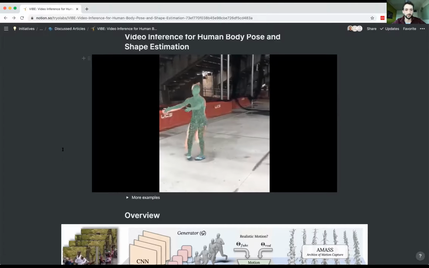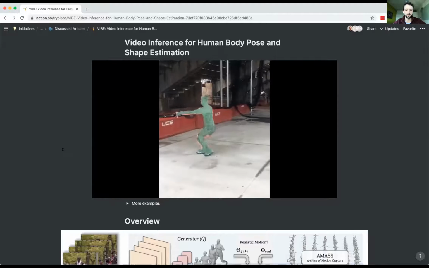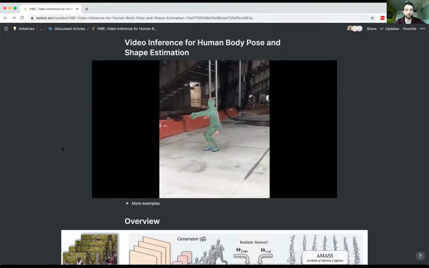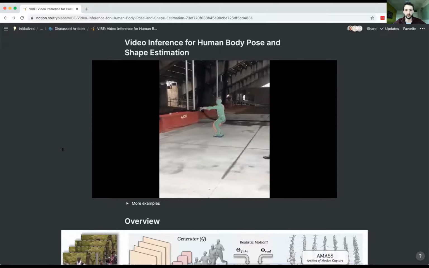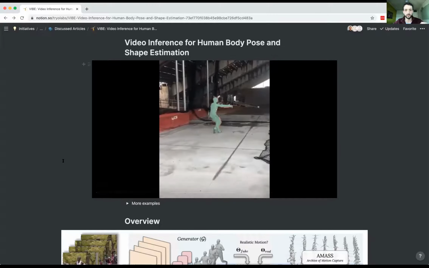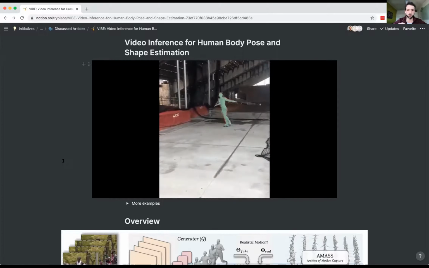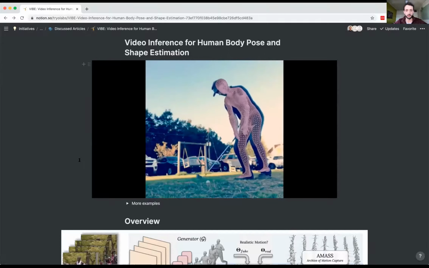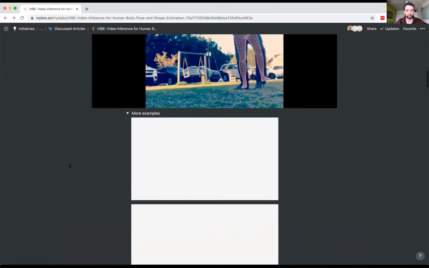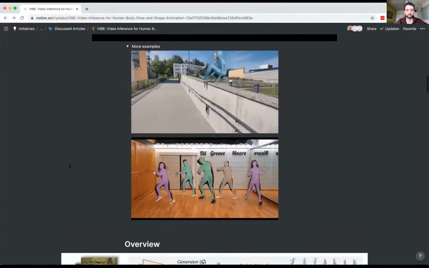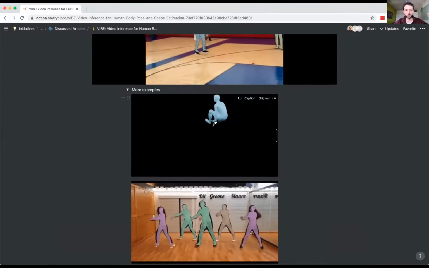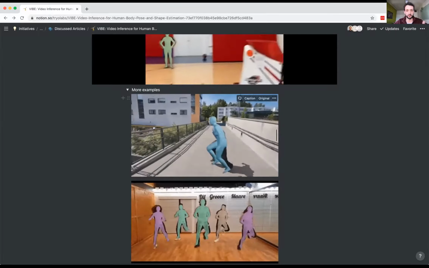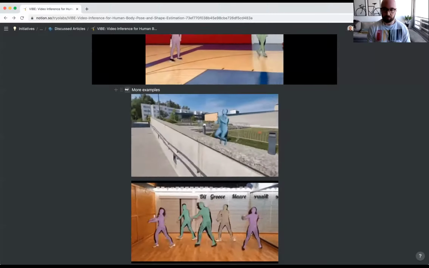What we'll have at the end of the video inference is a humanoid 3D mesh that we can not only put over the video, like we see here, but also export and use those vertices in any other context that we want. Some more examples. This is what I mean by using it in any other place. We can rotate over the image, and this is the 3D model, the 3D output.